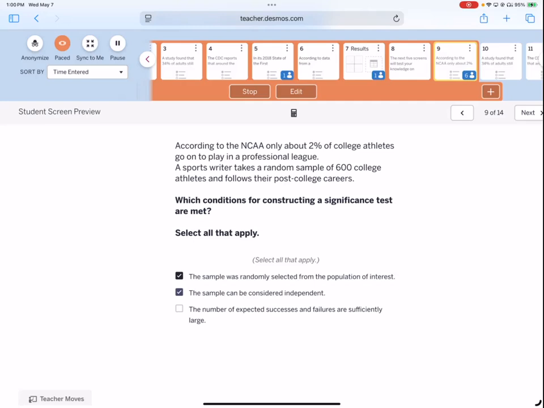That would be 12. Is 12 sufficiently large? Yes. What makes something sufficiently large? Being at least 10, or equal to at least 10. All right. If 12 are successes, then are we going to have enough failures? Then 600 minus 12 is definitely going to be good. So that one passes as well.